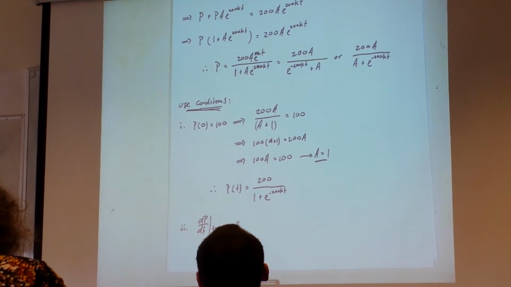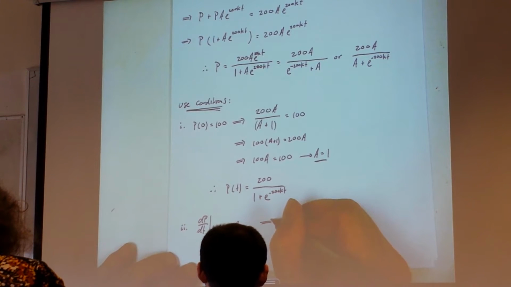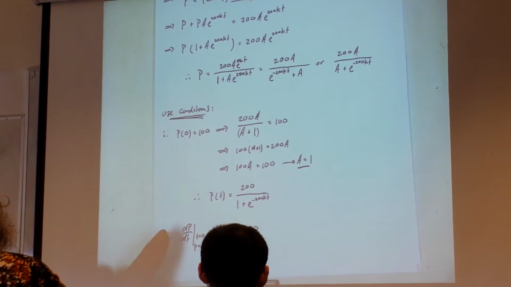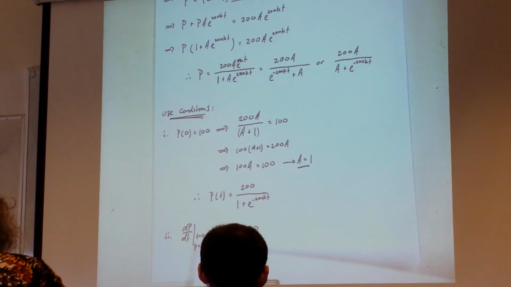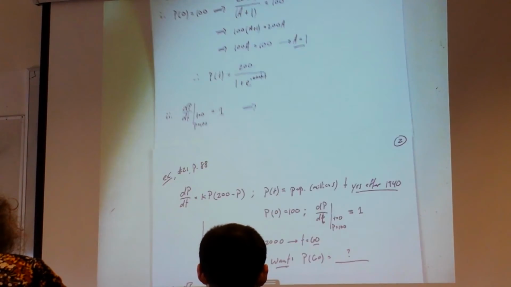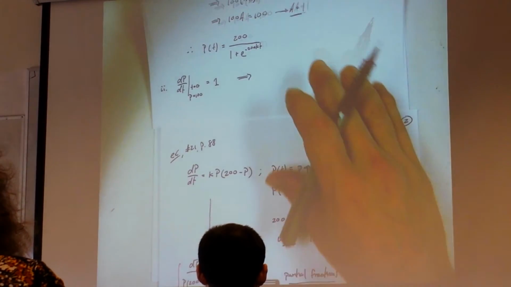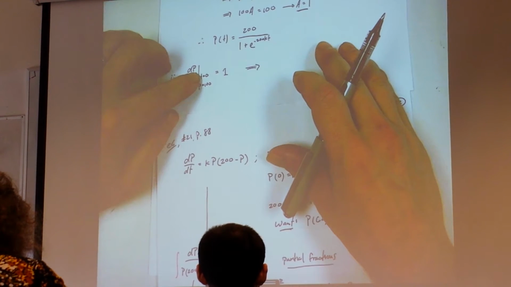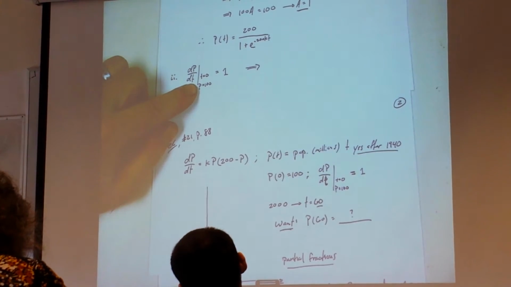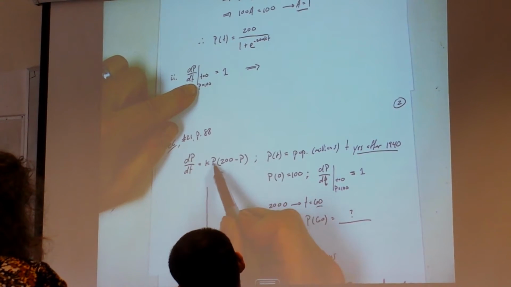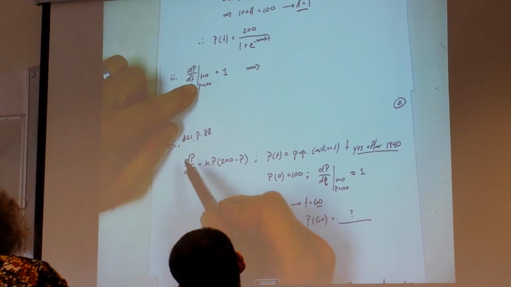So keeping this on the same page, going back to our original differential equation, we know that at time 0, when the population was 100 million, I could put 100 million in there and dP/dt equals 1.